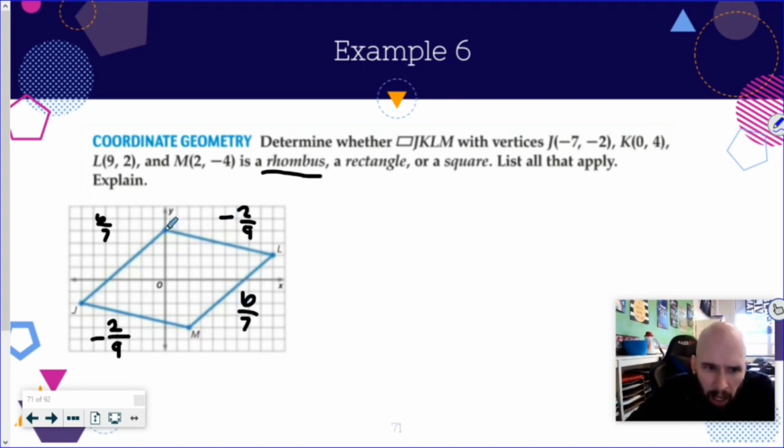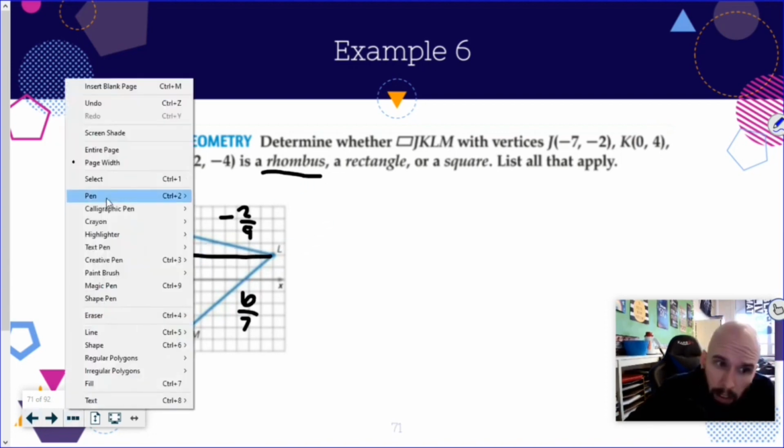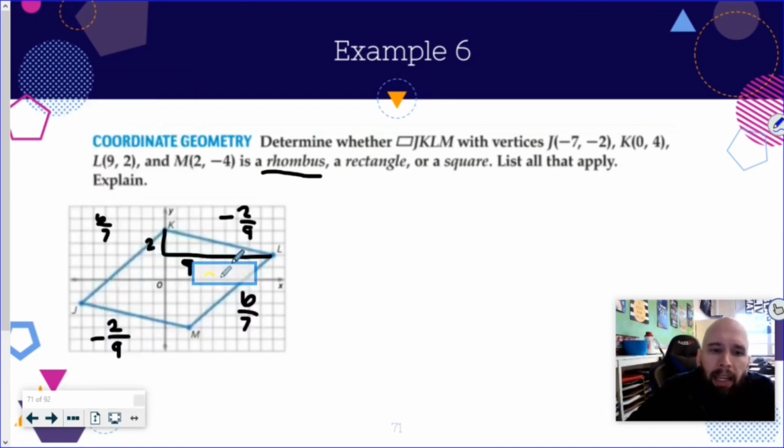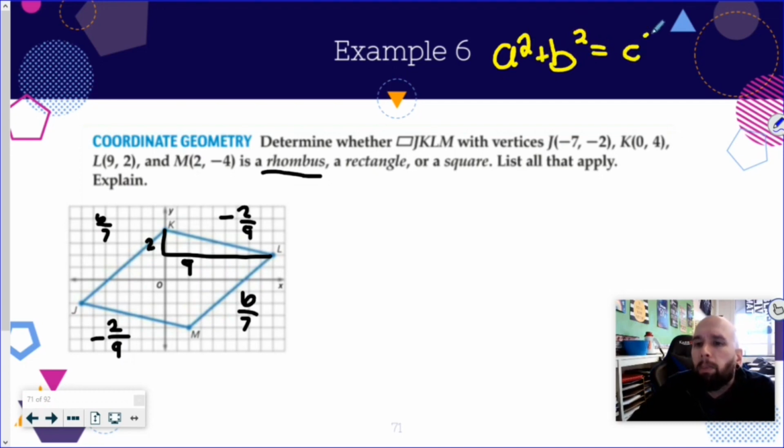If I pretend that this is a right triangle, I know the qualities of this right triangle. That's a side of 2, and that's a side of 9. So Pythagorean theorem, and I know I could use the distance formula, but I hate the distance formula. So I'm just going to use Pythagorean theorem, which is a squared plus b squared equals c squared. That's a lot friendlier in these cases.